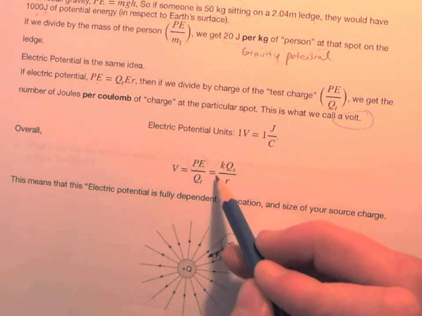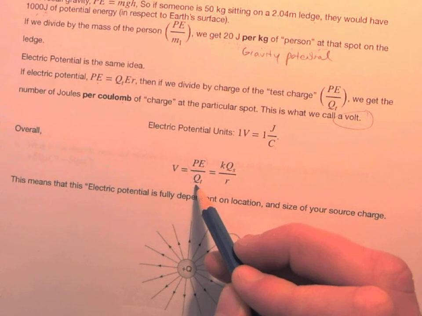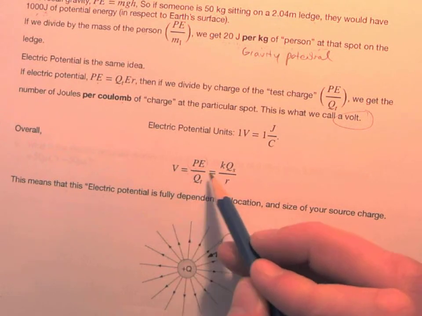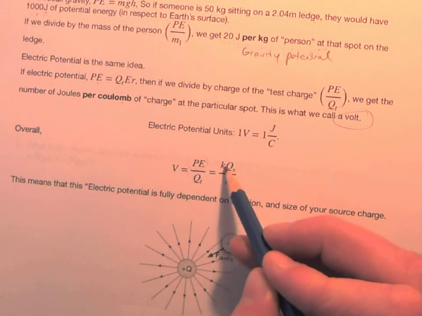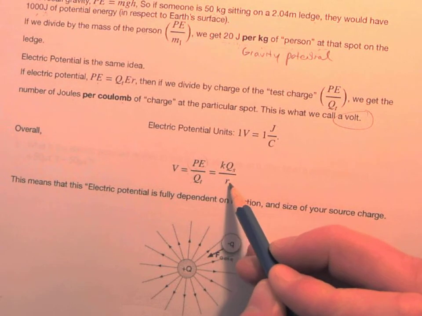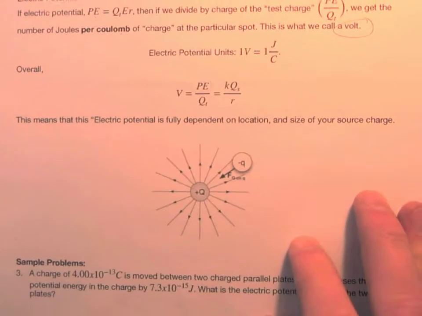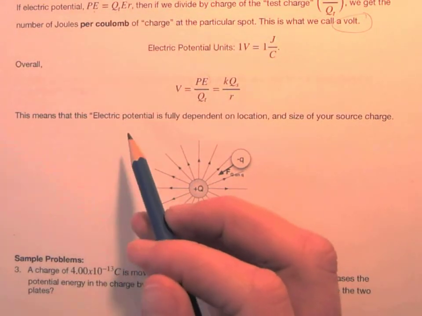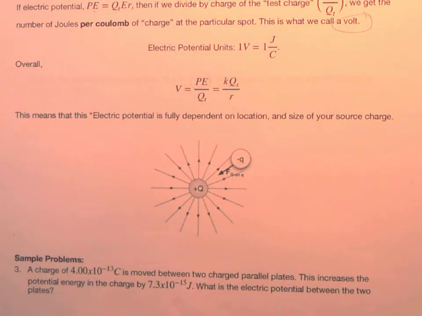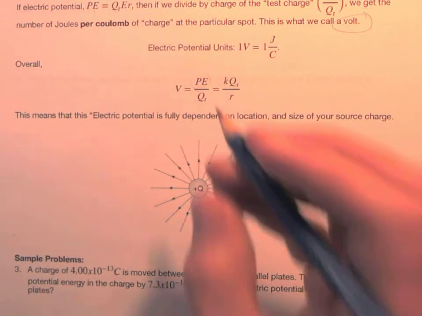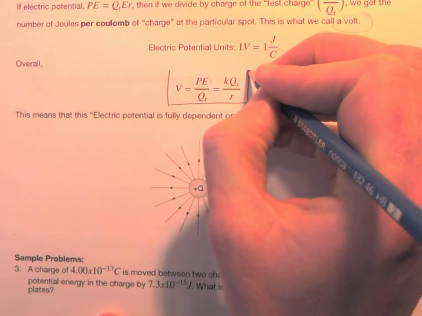You can use this one if you don't have the test charge, because really the volt doesn't depend on what the test charge is. It just matters how much the source charge is and how far away you are from it. So this means that electric potential is fully dependent on location and the size of your source charge. So overall, this would be the one I would highlight next.